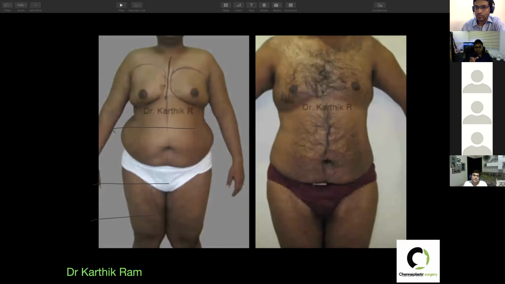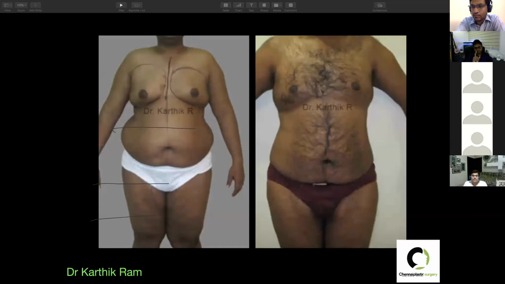One important finding I want you guys to notice in the pictures: see the loose skin before surgery, see the loose skin after surgery and the weight loss. In his case, because of the liposuction, skin tightening is better. It is one more indication why you select these kind of cases.